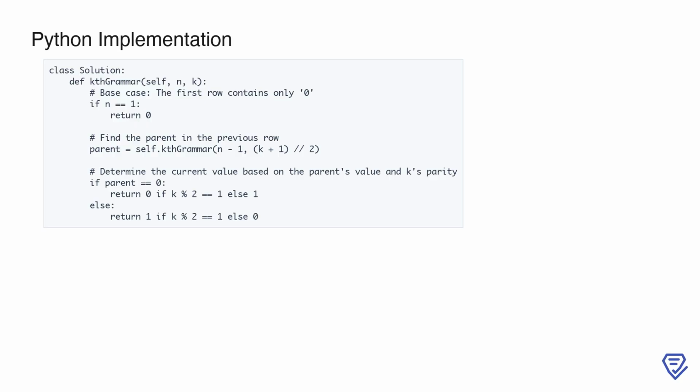If the parent is 0, the current symbol is 0 for odd k, left child, or 1 for even k, right child. If the parent is 1, the current symbol is 1 for odd k, left child, or 0 for even k, right child. 5. The final result is returned after evaluating the parent and parity logic.